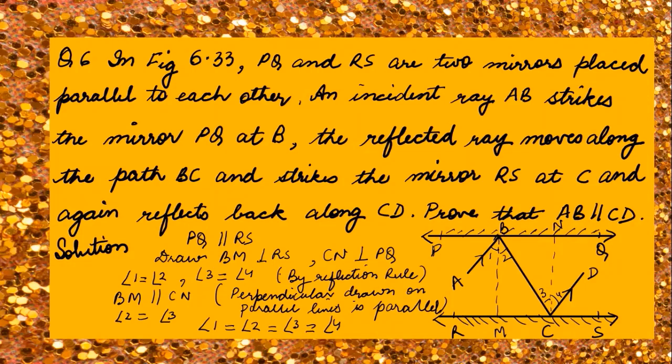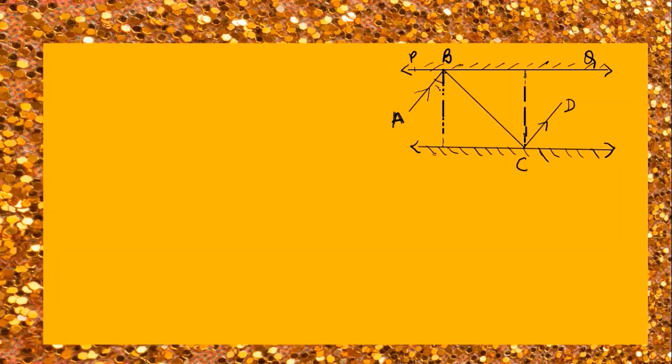And if these are equal, angle 1 equals angle 2 equals angle 3 equals angle 4, then you can say like this also, angle 1 plus angle 2 equals angle 3 plus angle 4. Or it is angle ABC equals angle BCD.